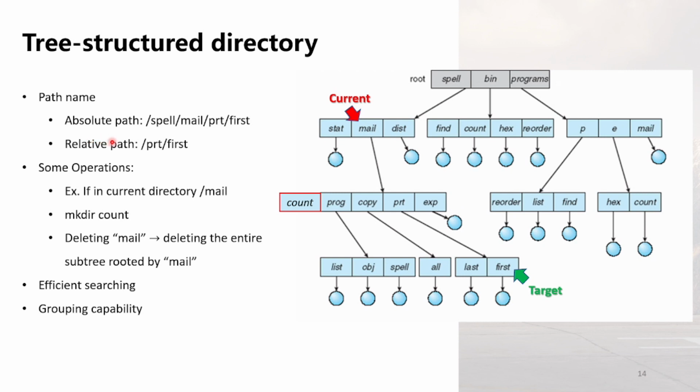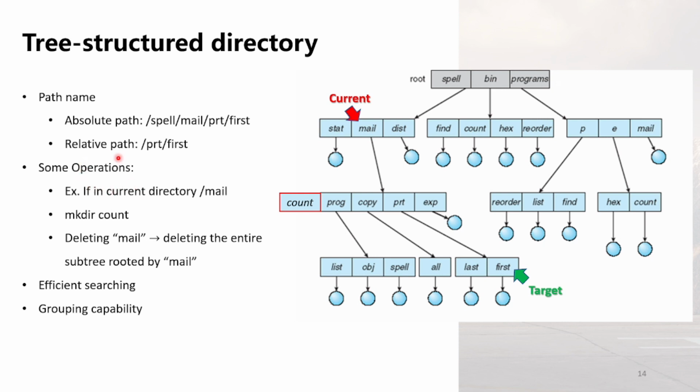An absolute path like spell, mail, PRT, first starts from the root and specifies the complete path to a file or directory. The relative path, such as PRT, first starts from the current directory, which in our case is indicated by the current label here, pointing to mail.